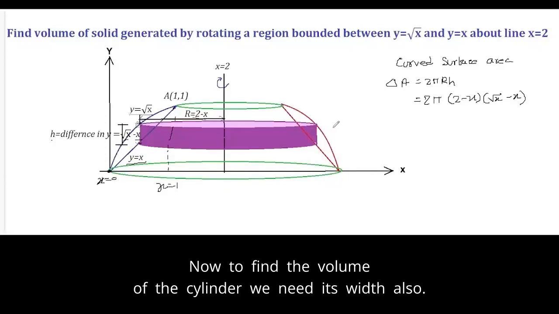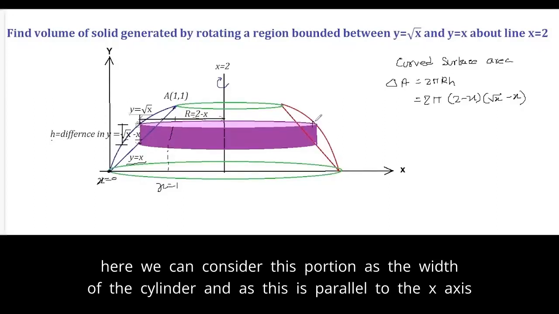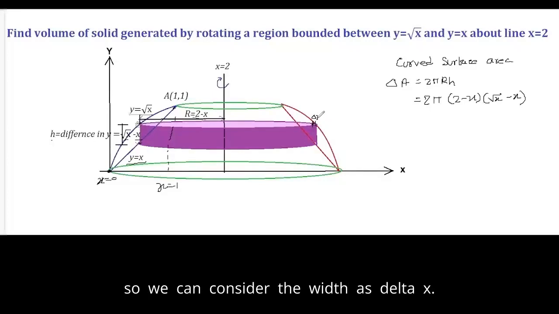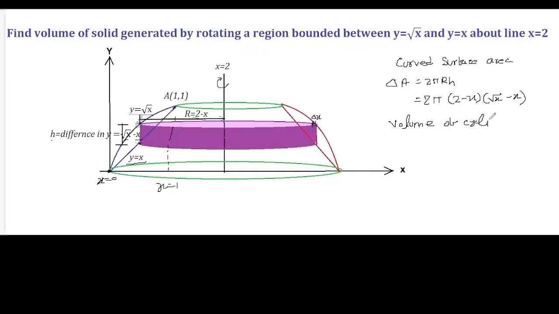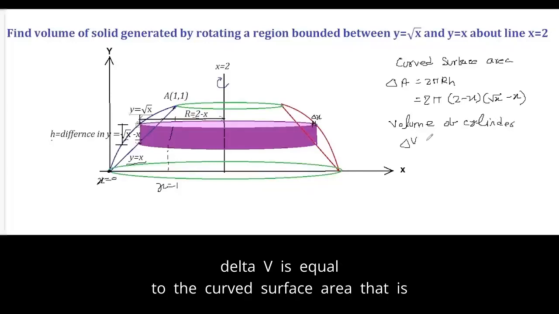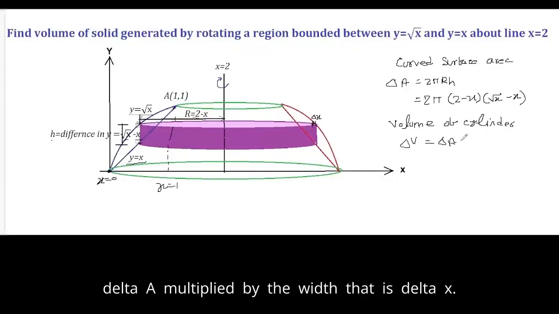Now to find the volume of the cylinder, we need its width also. So we can consider this portion as the width of the cylinder, and as this is parallel to the x-axis, we can consider the width as delta x. So finally, the volume of the cylinder, delta V, is equal to the curved surface area, delta A, multiplied by the width, delta x.